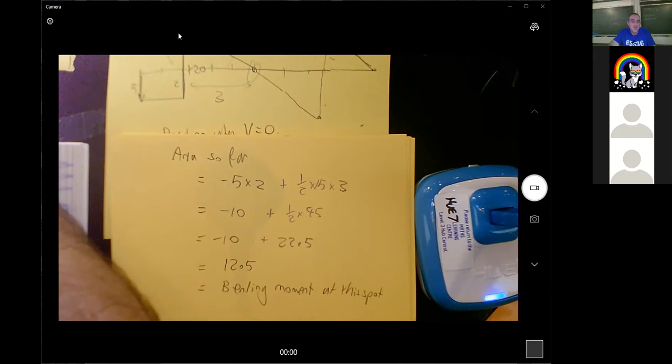I'm looking for a derivative. Here it is. V is dM on dx, and that must mean that the integral of V is M, and so that's the area.